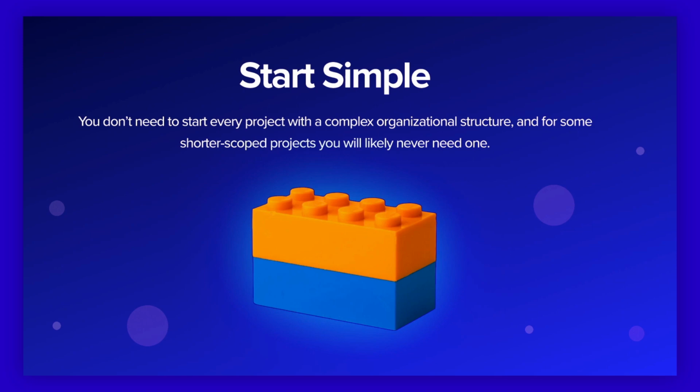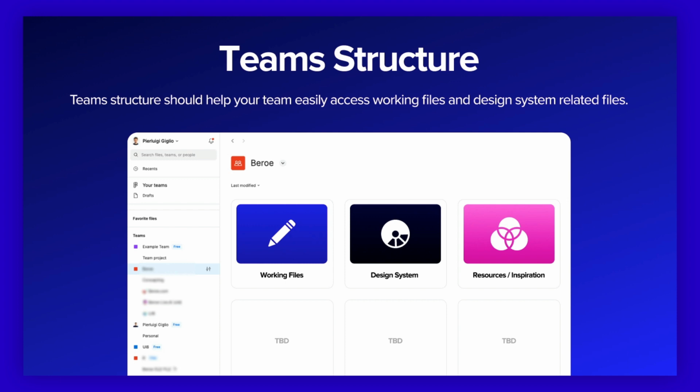So let's get into some live examples. Let's start with teams. And again, there isn't one single solution which is going to work for each and every client. You're going to have to create a solution which is tailor-made for your company or your team's specific needs.